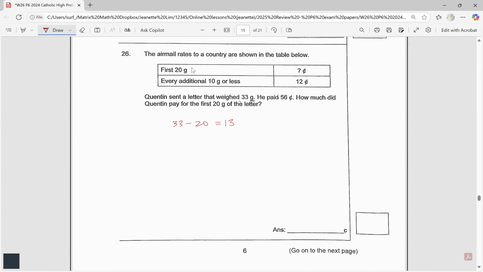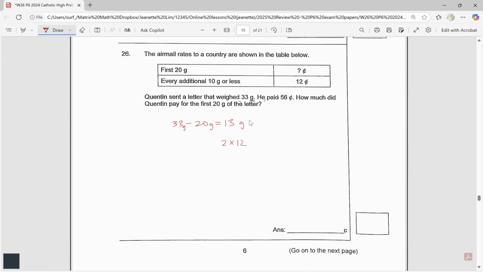13 grams. But for 13 grams, how much would he have to pay for the additional part? For the additional 10 grams, you have to pay 12 cents. So since this is more than 10, right, he has to pay 2 times of that. The excess 3 grams will be counted as another 12 cents.